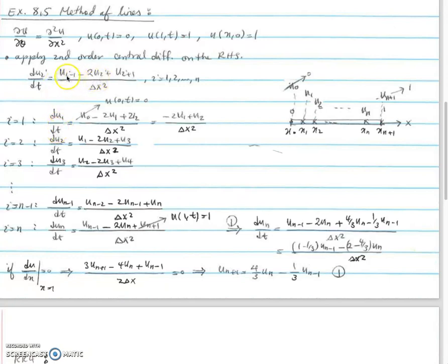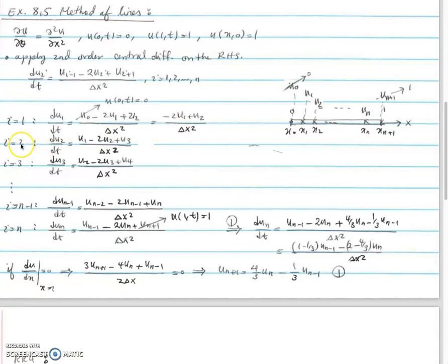On the right side you get u0 minus 2u1 plus u2. This is exactly shown here. Now we know that u0 is 0 because on the left boundary, u is 0. So we can apply it right here. So this is simplified to minus 2u1 plus u2. The first term is gone.